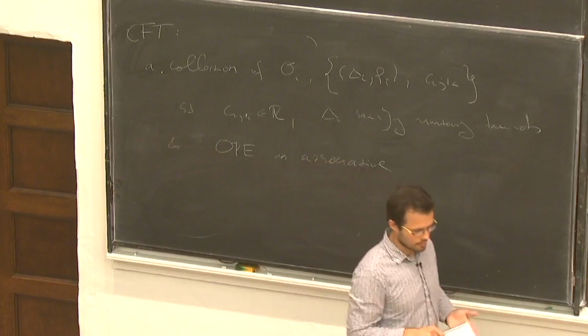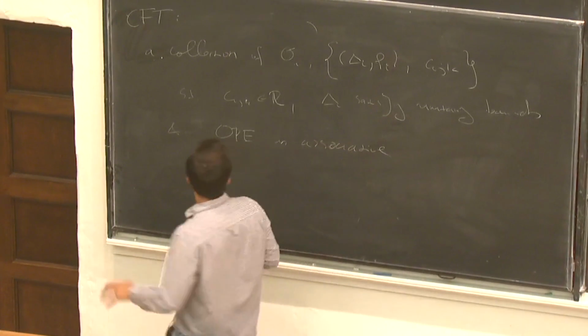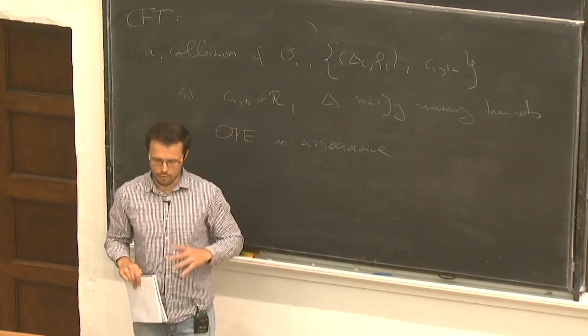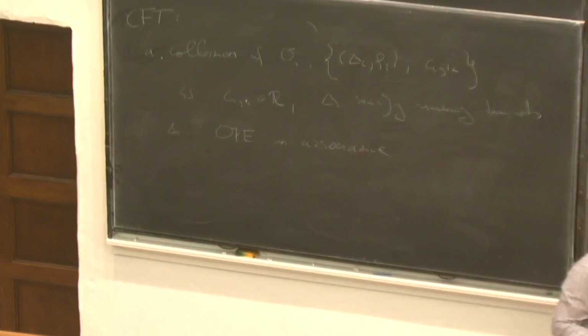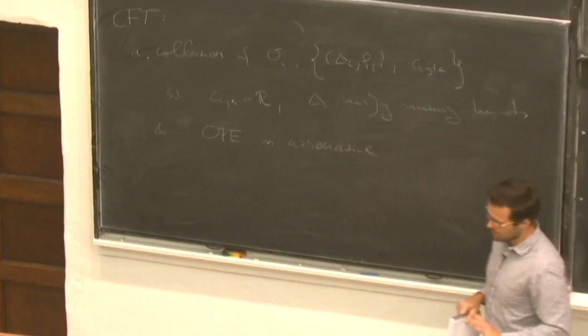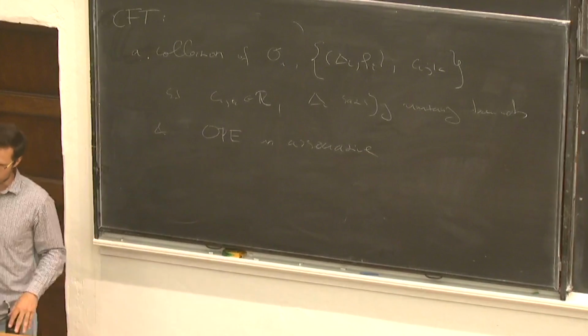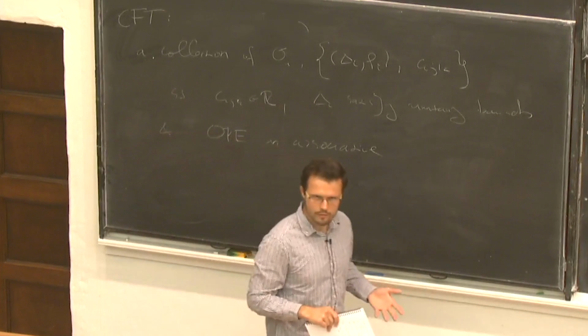A typical case is in 2 dimensions, where these axioms on their own would not imply modular invariance of the torus partition function. So you may need to throw that in, and it is not understood in general. Certainly in higher dimension CFTs, it's not understood in general what is the complete set of axioms that would guarantee a consistency of a CFT on a manifold of a general shape and topology.